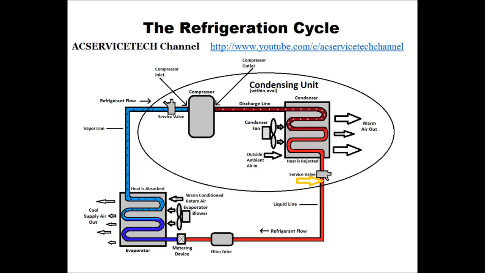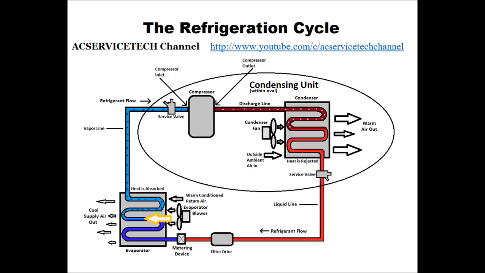It continues through the refrigerant line until it goes through the filter dryer, which absorbs any moisture in the system, and then it hits the metering device, where there's a pressure drop. It drops from high pressure, high temperature liquid refrigerant to a low pressure, low temperature, 80% liquid, 20% flash gas, but mainly liquid. After that, in the evaporator coil, as it absorbs heat, it turns into a saturated state in the middle of the evaporator coil.